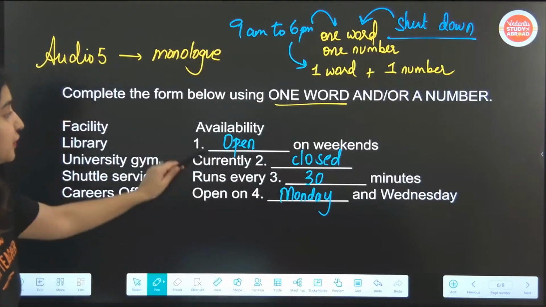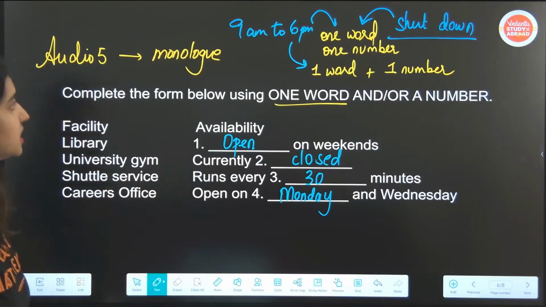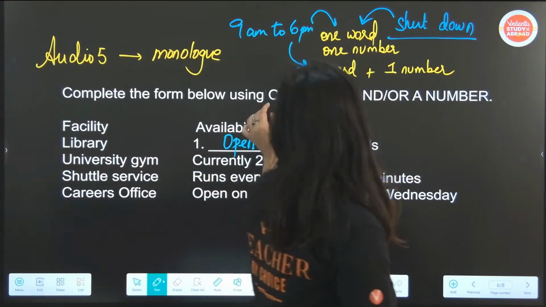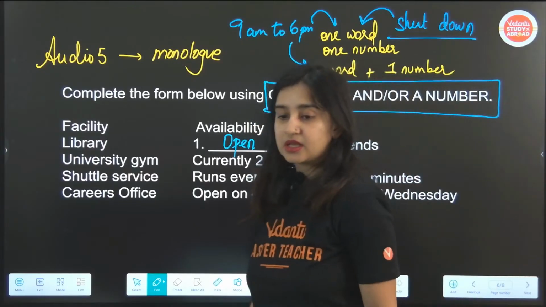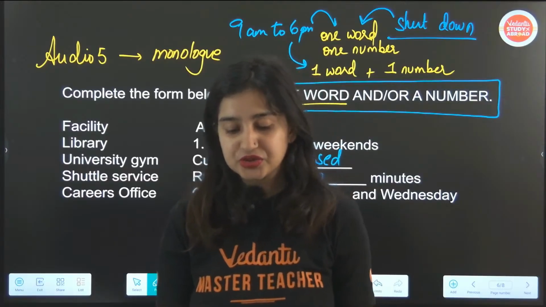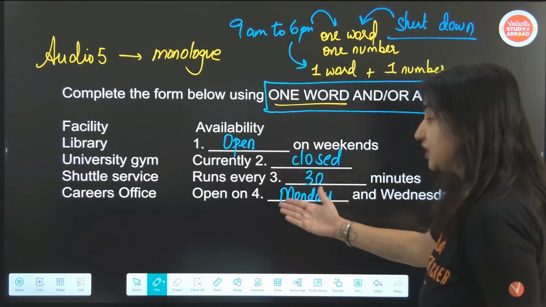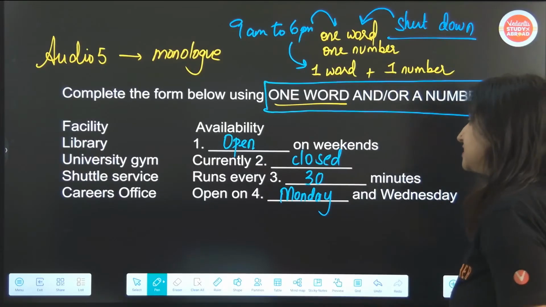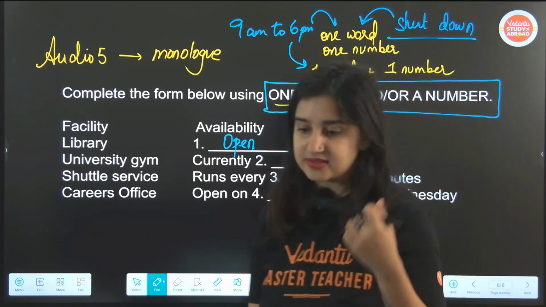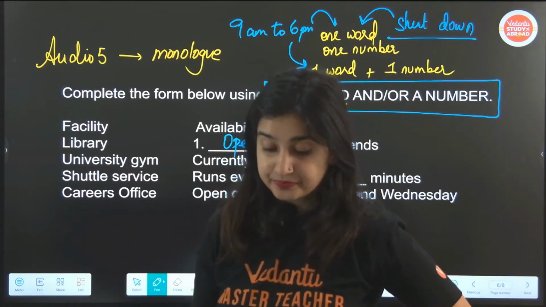So a lot of you lost a lot of marks here simply because you did not follow this instruction. If you followed this instruction, the answers were actually quite easy. Open on weekends, currently closed, runs every 30 minutes, open on Monday and Wednesday. Okay?